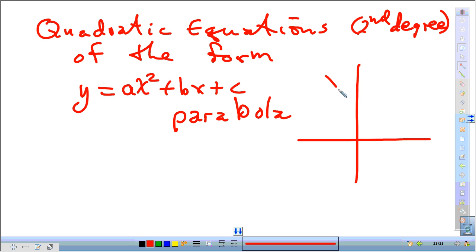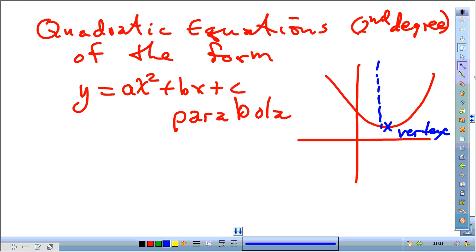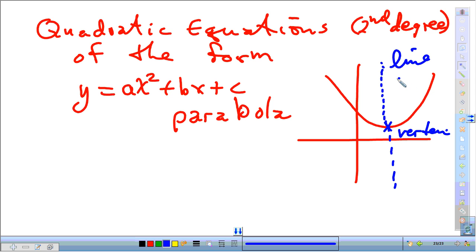So parabolic shape. Generally cup shape upward, downward. It will have a vertex and a line of symmetry.